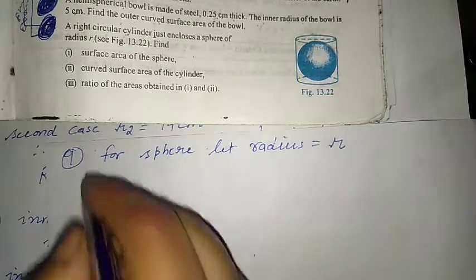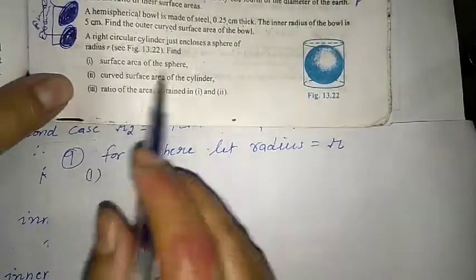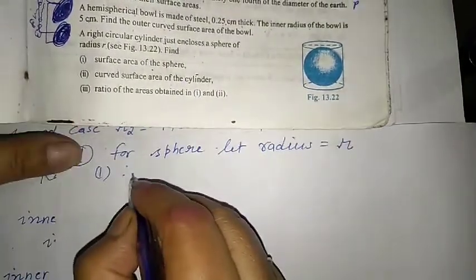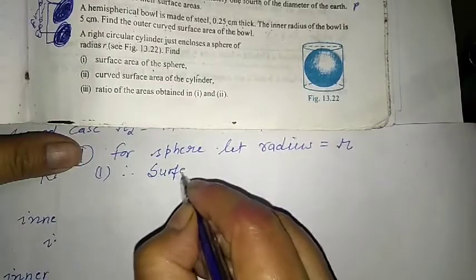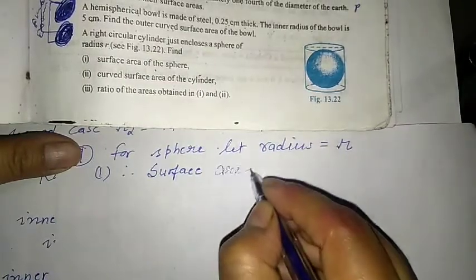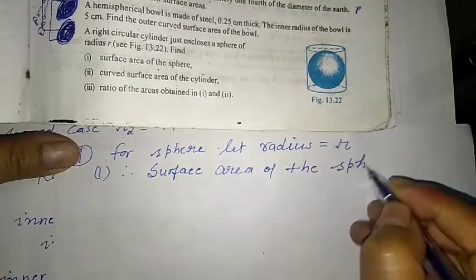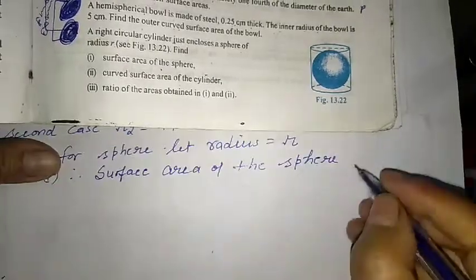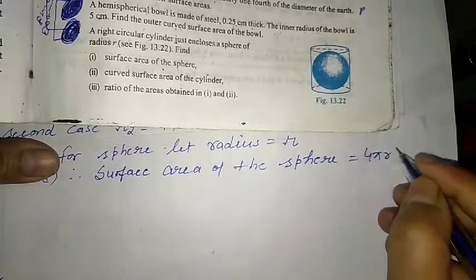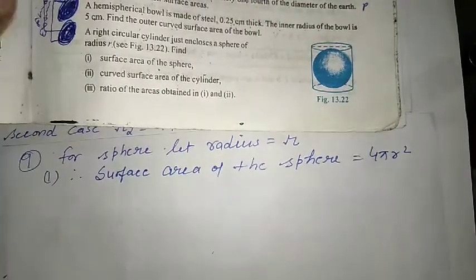So first part, surface area of the sphere. It is direct here, that is equal to 4 pi r square. So this is the answer for the first part.